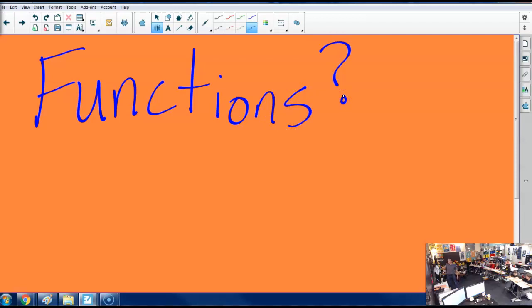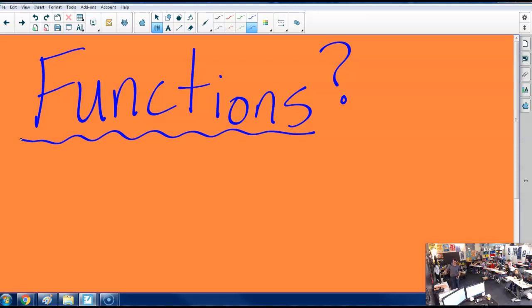Conjunction, junction. What's your function? A function is the defined relationship between an input and an output value that we talk about as independent and dependent value.